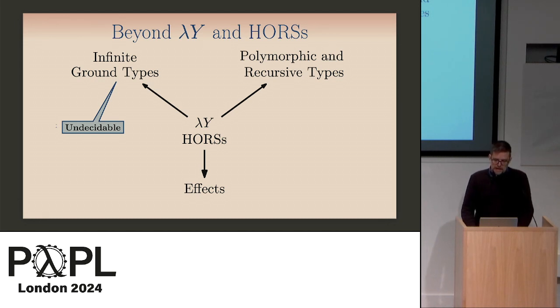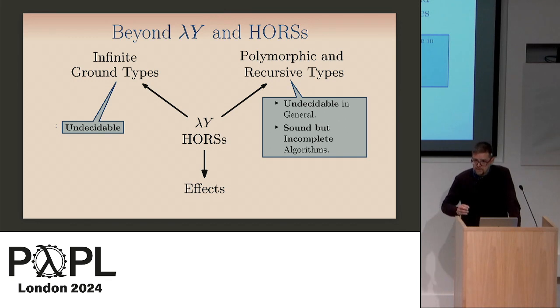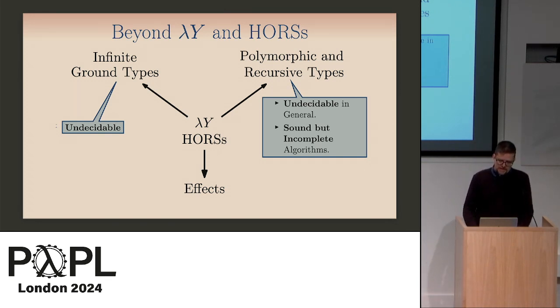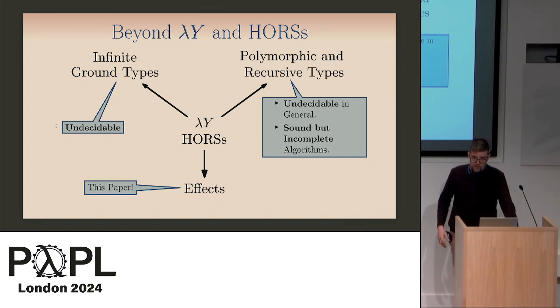You can go towards polymorphic or recursive types. You land into another undecidable problem, but in this case, at least you can find sound, although incomplete, verification algorithms. We are interested here in extending the language of programs with effects.